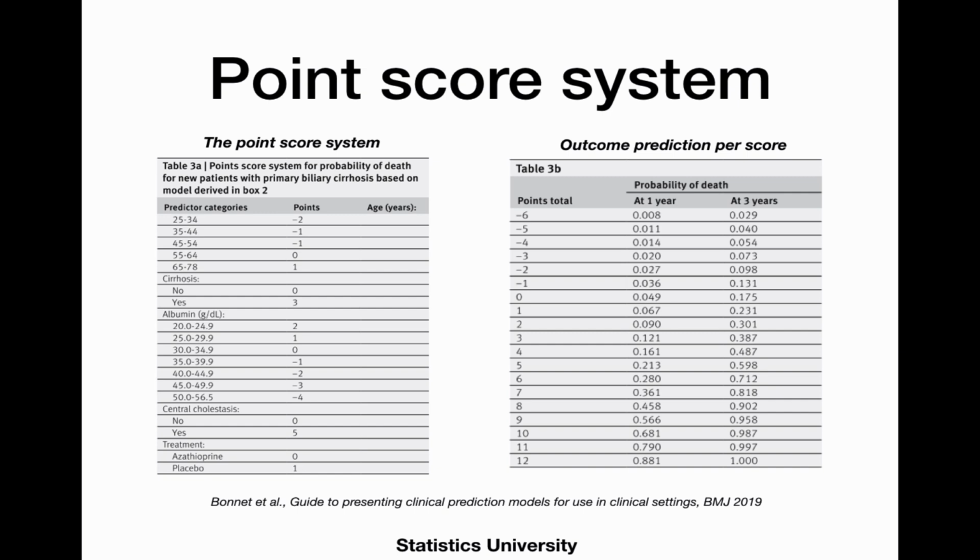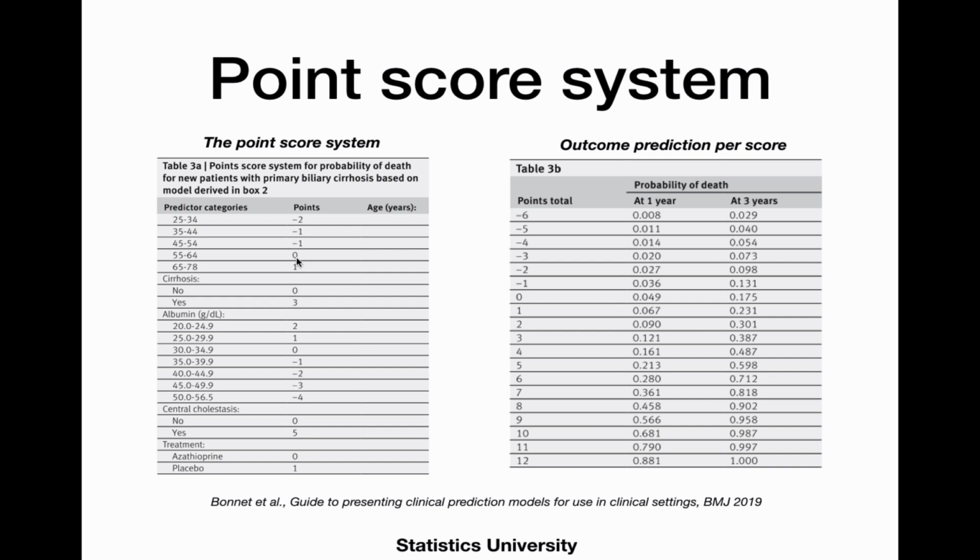And this is, for example, a simple point score system that you might have seen before, where continuous variables are broken up into common categories, for example, age over here, and then there are certain categorical variables as well, cirrhosis, yes or no, and patients get a number of points per category.